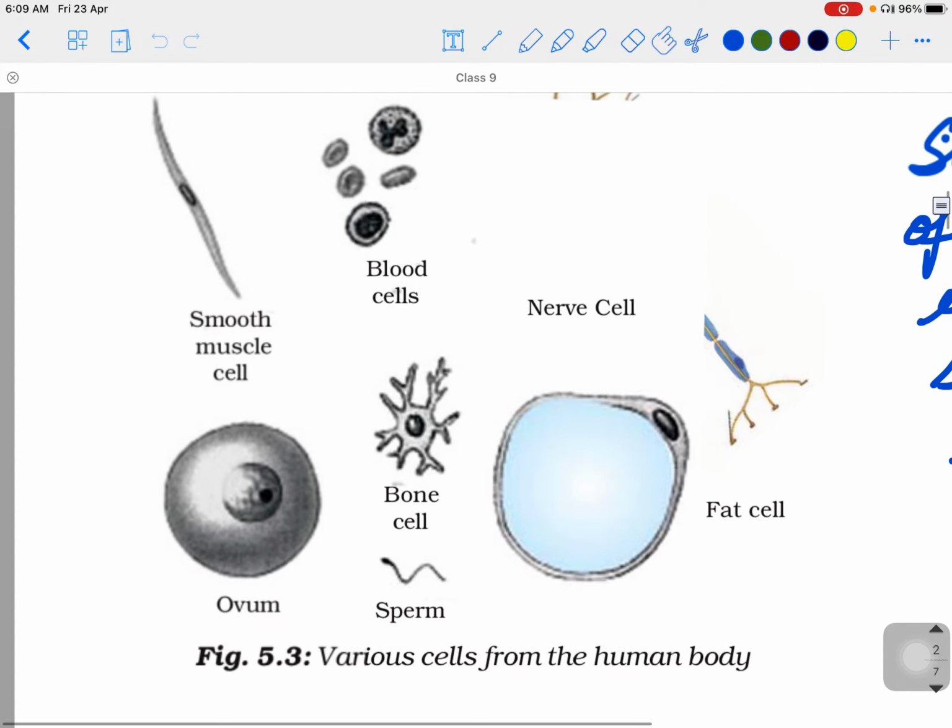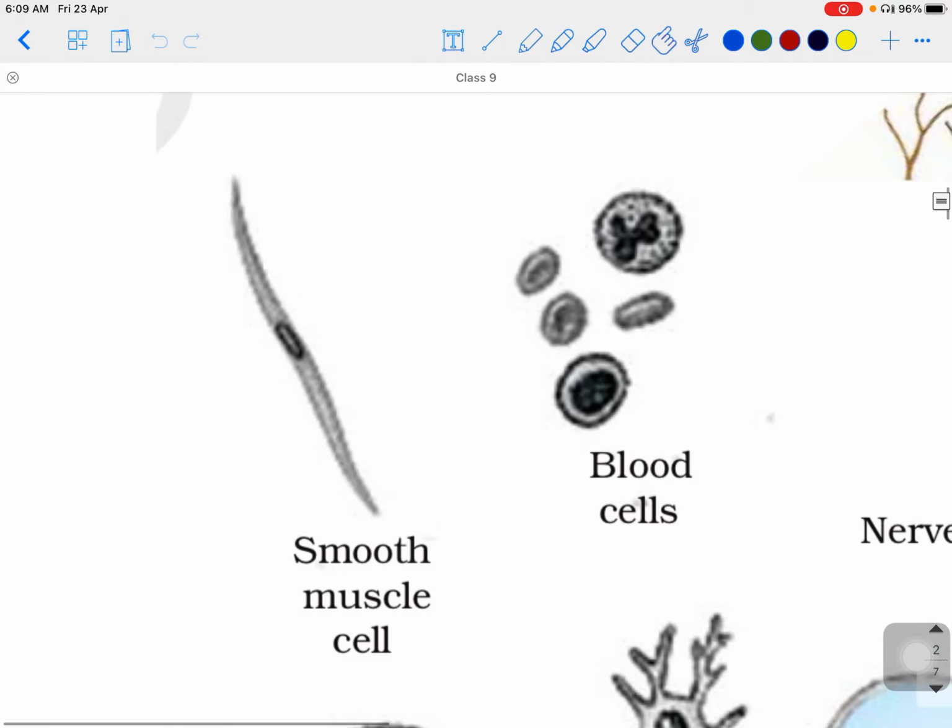If we look at smooth muscle cell, it is spindle shaped, it is narrow, the ends are pointed, tapering, and the middle portion is wider as compared to the ends. So such shape is known as spindle shape. If the shape and size of fat cell was like this, you just imagine how much fat it can store. Yes, it will be able to store very less fat.